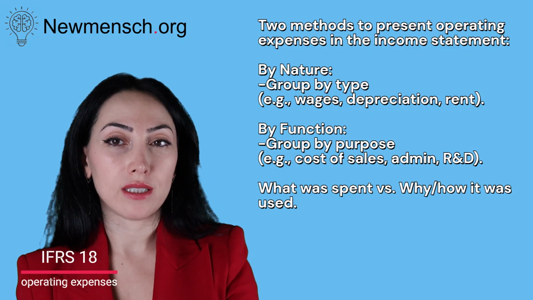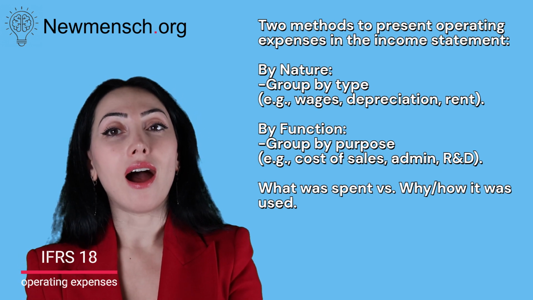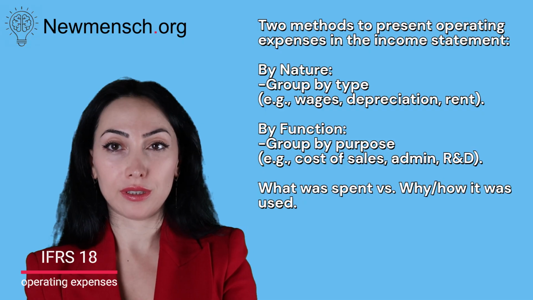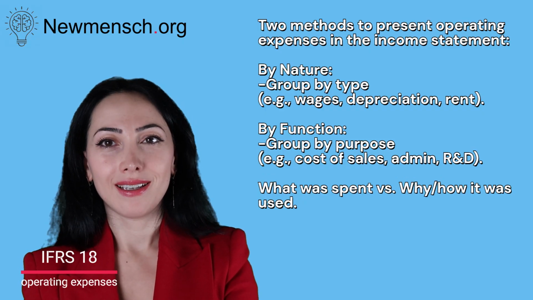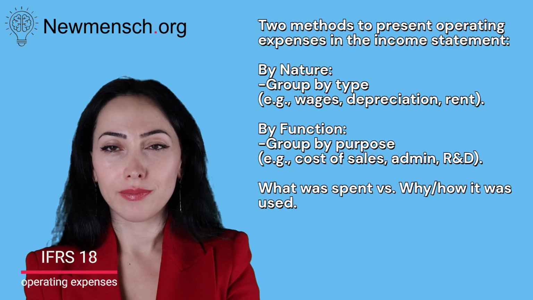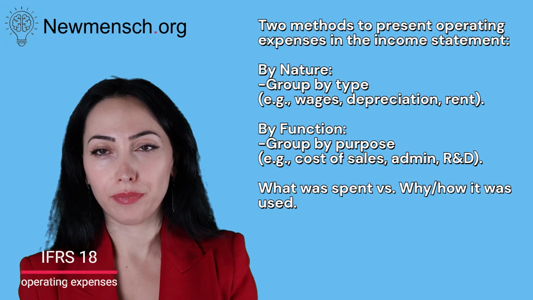In the by nature presentation, operating expenses are presented by their substance, without answering the question why these costs are there. They are there and we present them by nature.